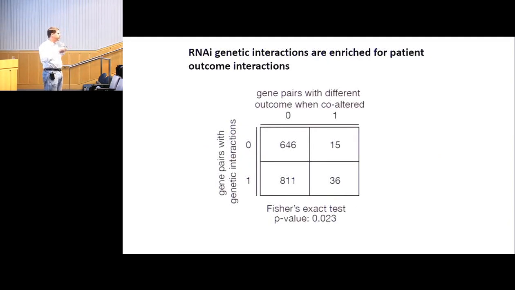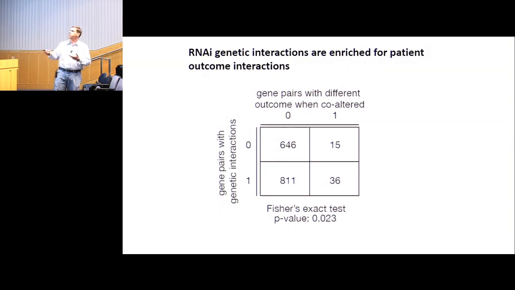And so just thinking generally about the therapeutic implications is something that is starting to emerge in our minds because of this surprising finding that, in fact, these appear to be clinically relevant. I'm not just pulling these out as anecdotes. When we look at this entire set of interactions, we have gene pairs with different outcome when co-altered versus gene pairs with genetic interactions.